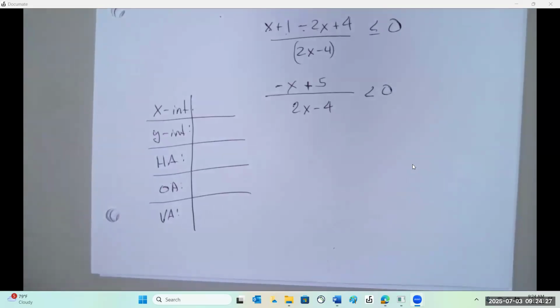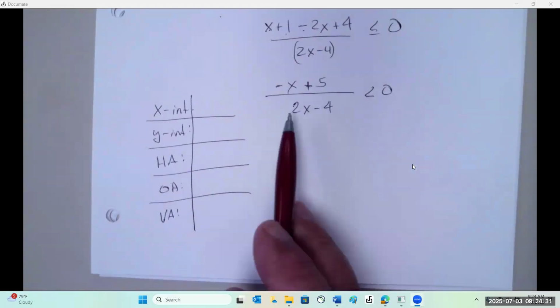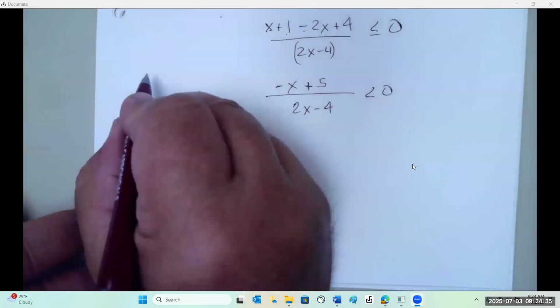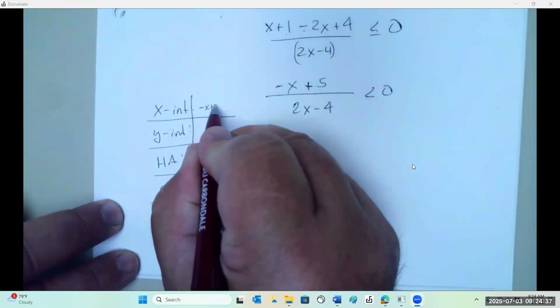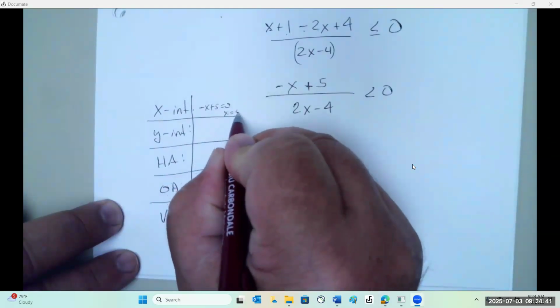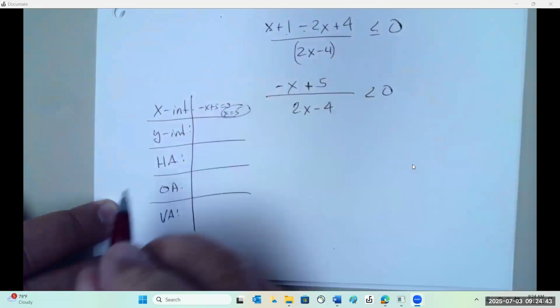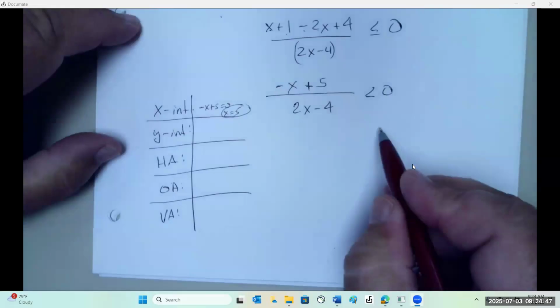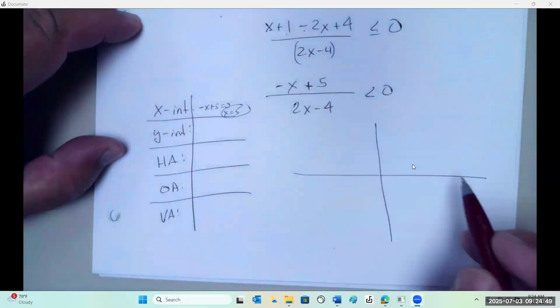The only way I can make an x-intercept is set the top equal to 0. I get -x plus 5 equals 0. So x equals 5. That's my x-intercept. So I know it crosses at 5.